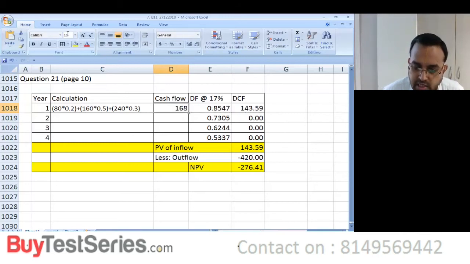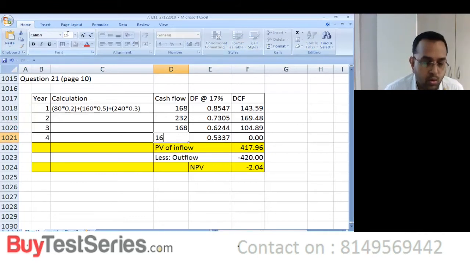First year you get 168 cash flow. Second year 232. Third year, fourth year 160.